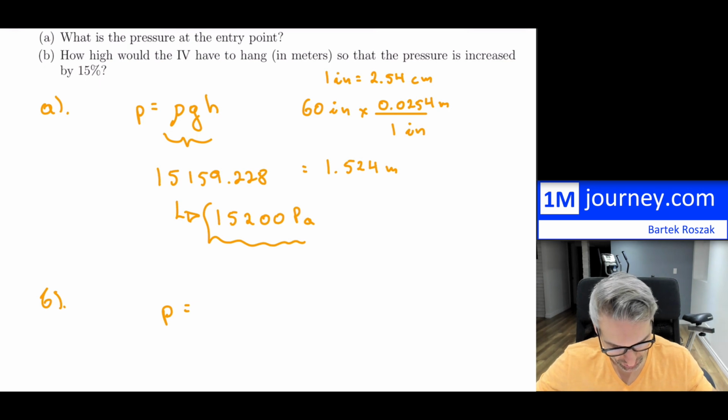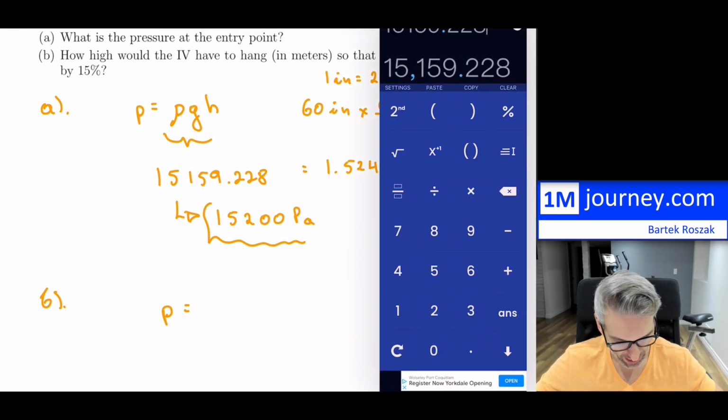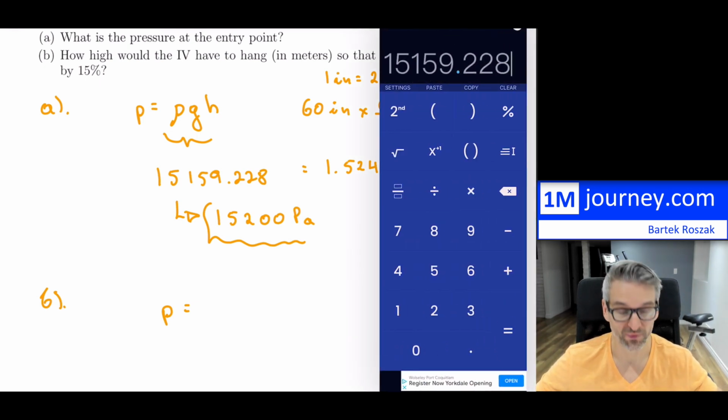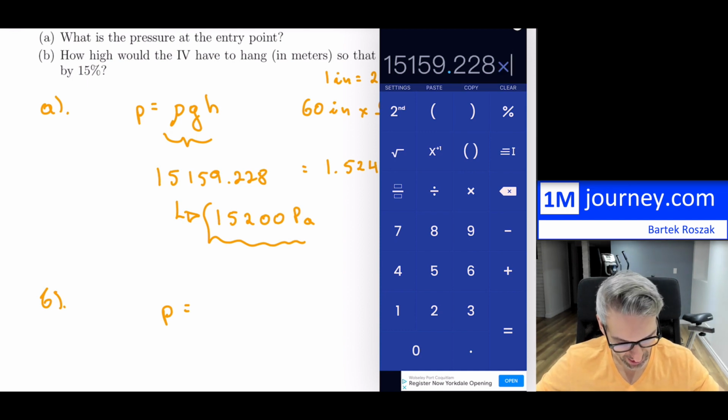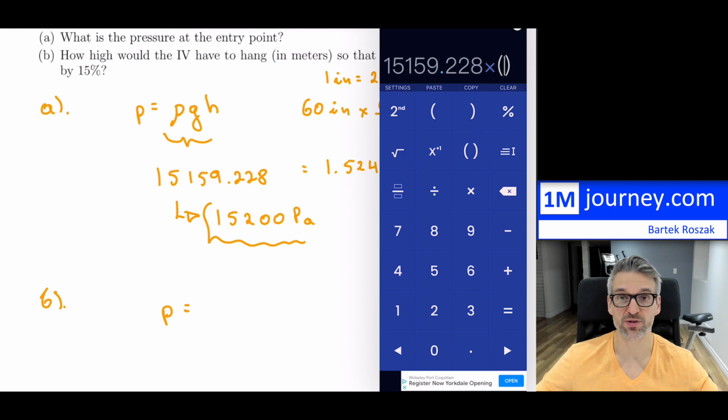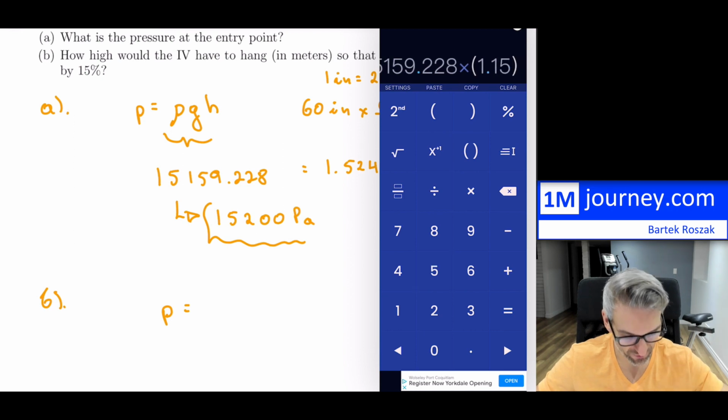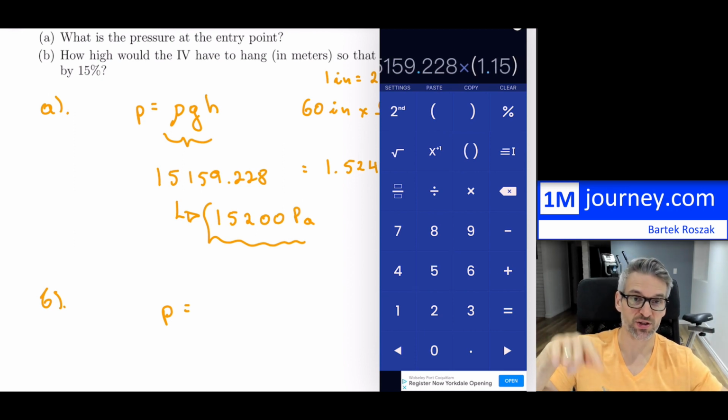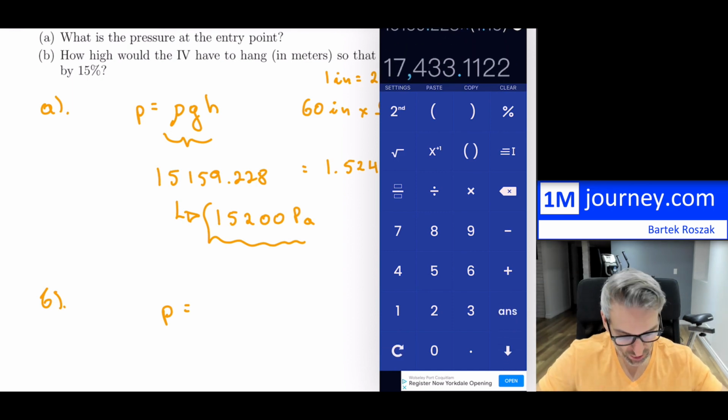Since you already have the pressure, 15% more than we have is going to be multiplied by the original plus the 15%, which is 1.15. The 1 stands for 100% of the original, and 15 just stands for the increase. So this is the 15% increase.